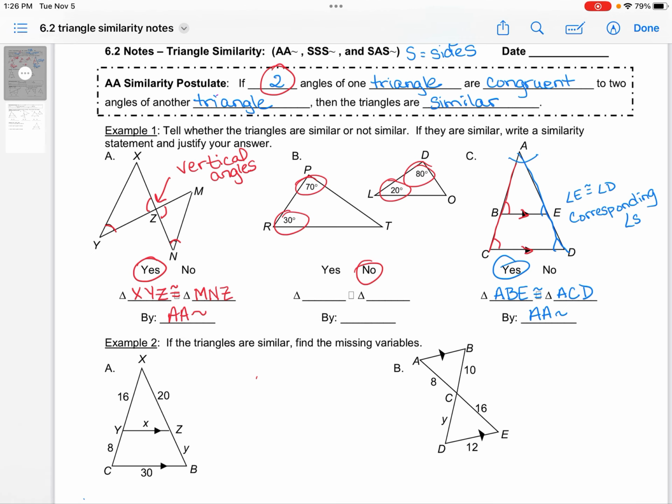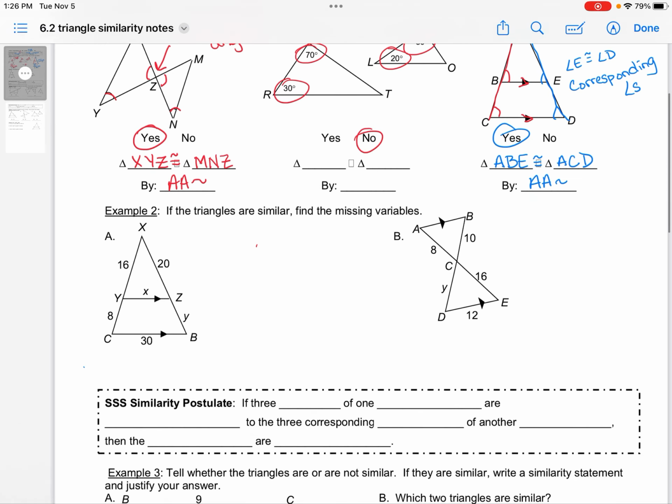So the nice thing about when triangles are similar is you can write proportions and solve for the missing side. So if those triangles are similar, then, a proportion is just two ratios that are equal to each other.